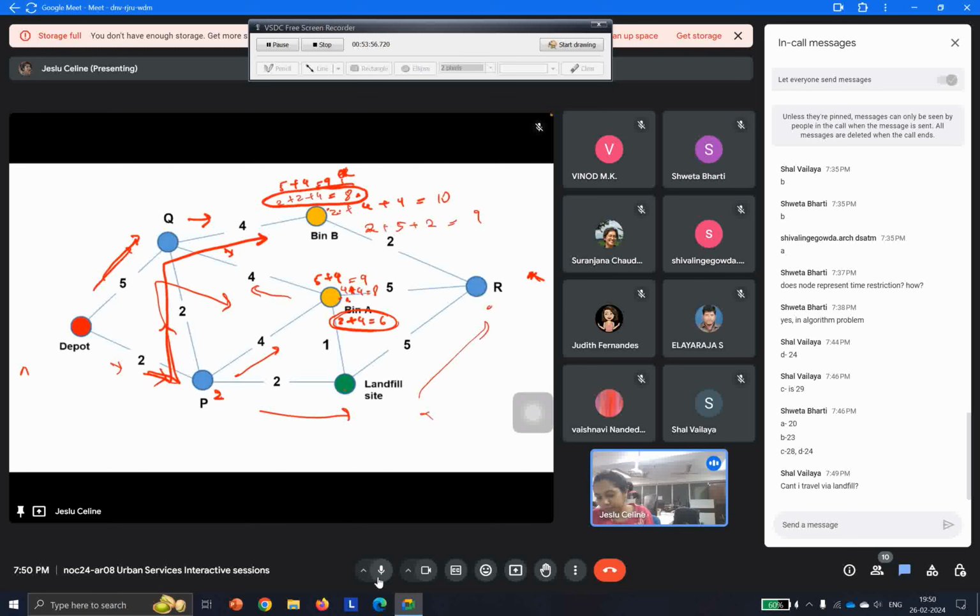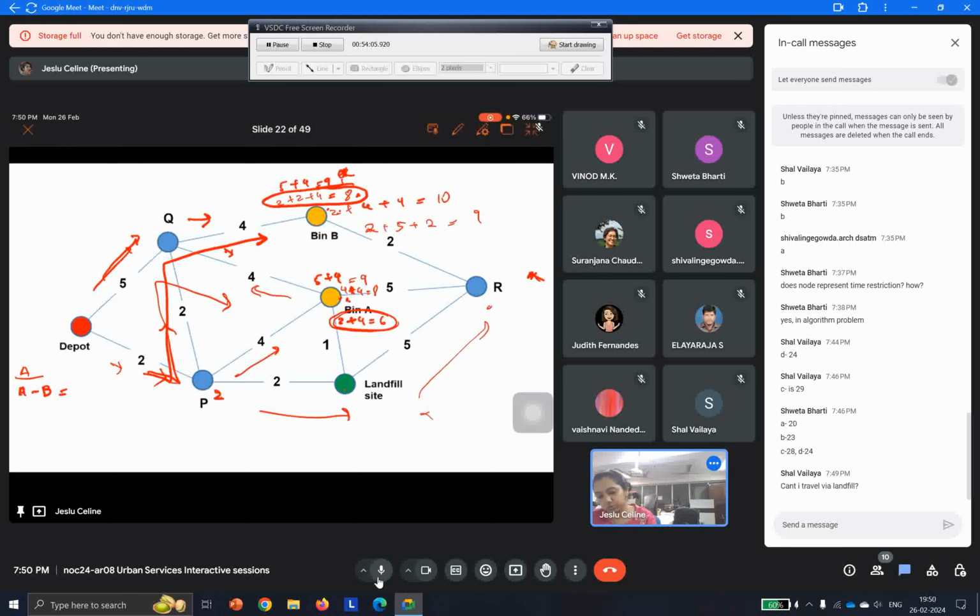Imagine we are traveling to A first. Then we'll see from A to B what the strategy is. So let me erase what is there over here to avoid confusion.